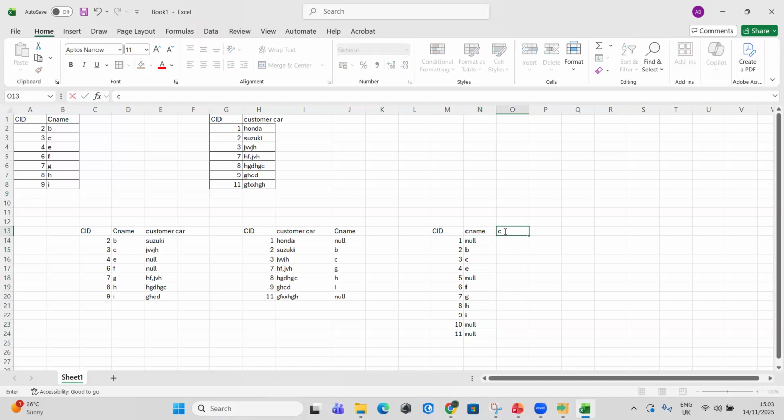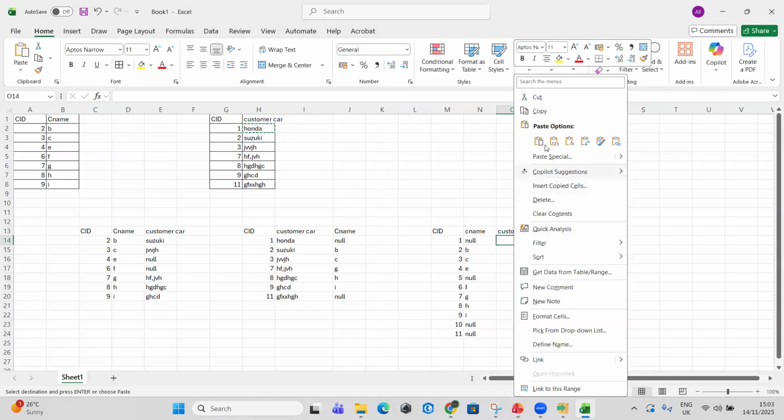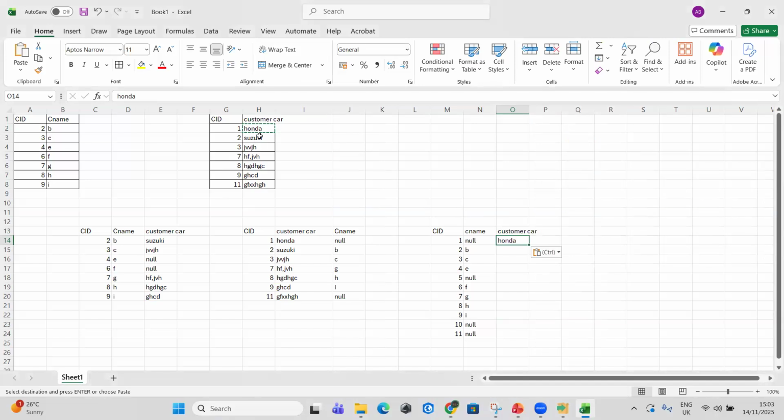Then I will go to customer car. Now for 1, the person at 1 has Honda. The person at 2 has Suzuki.